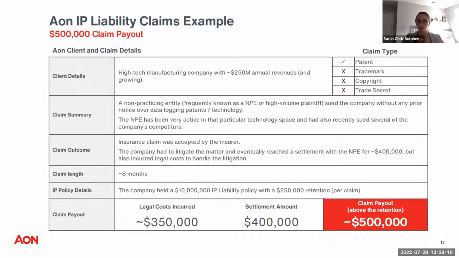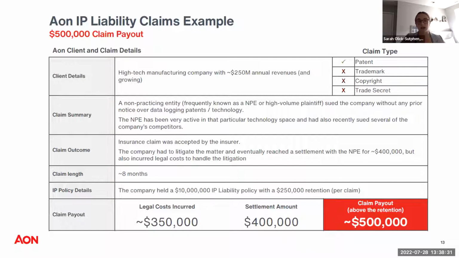So they had a $10 million limit with a $250K retention per claim. Once they paid that first $250K through their retention, the insurance market paid out an additional 100 and then 400 for the actual settlement that they agreed to with the NPE.